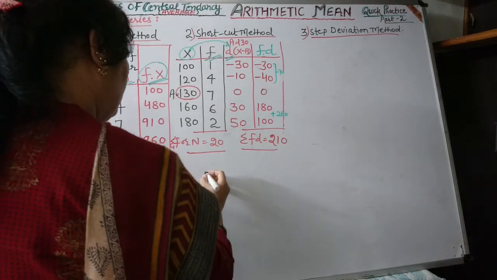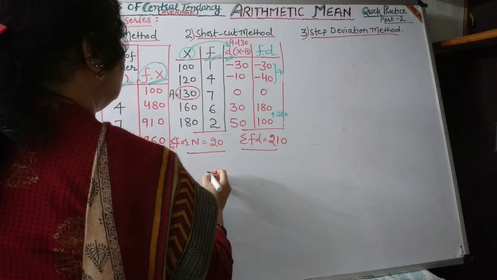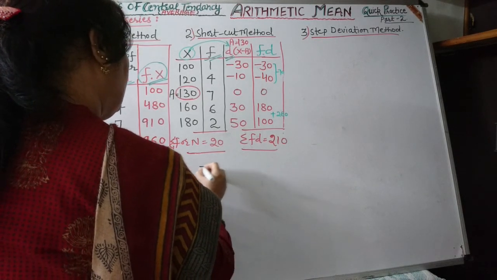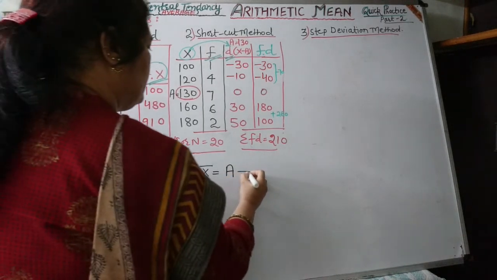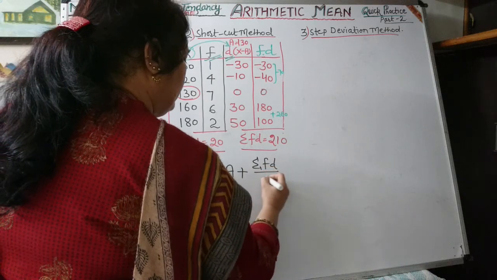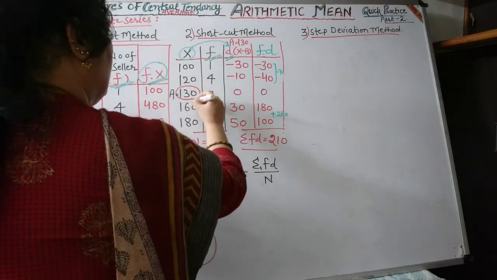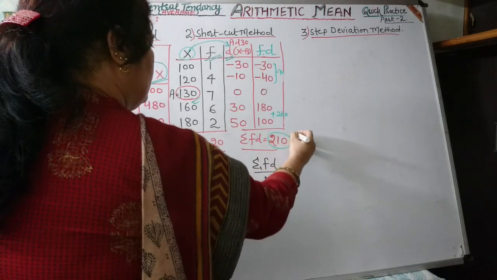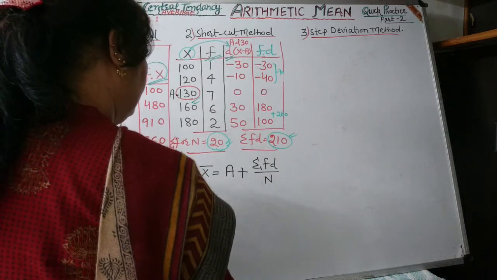So I am writing the formula of shortcut method. Arithmetic mean is equal to a plus sigma fd divided by n. We have assumed 130, and we will take sigma fd and n as 20.